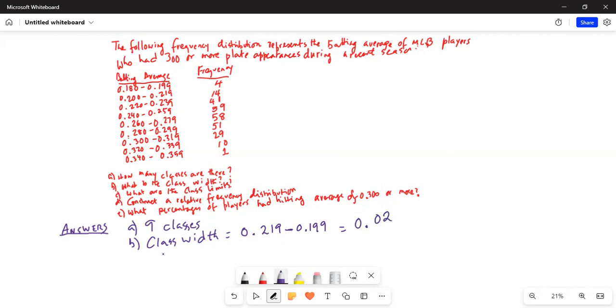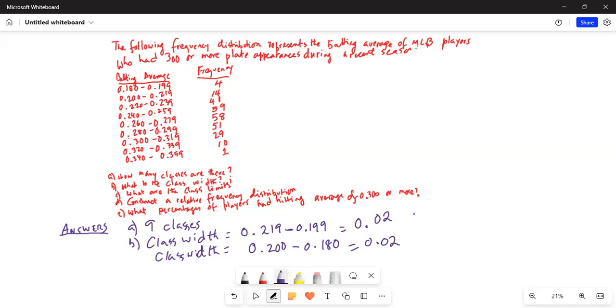Similarly, class width can also be found as the lower class limit of the second class, which is 0.200, minus the lower class limit of the first class, which is 0.180, which is also equal to 0.02.